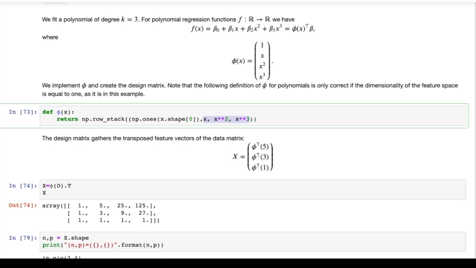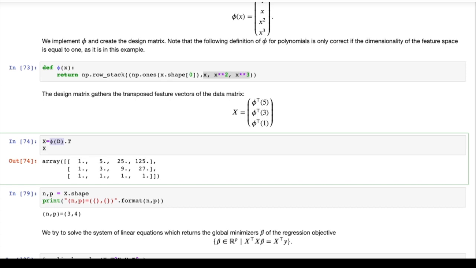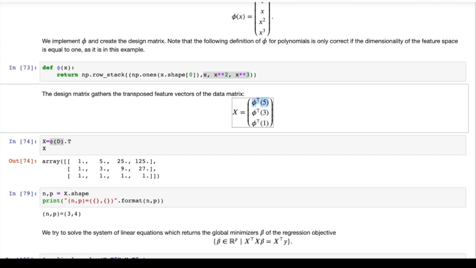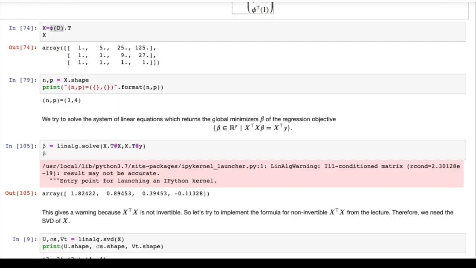Then we formulate our design matrix, so here we have phi applied to all the rows of D, and then we have to transpose it because this was the definition of the design matrix. It always has the transposed function values as rows. And then we can go ahead and just try to solve this, right?